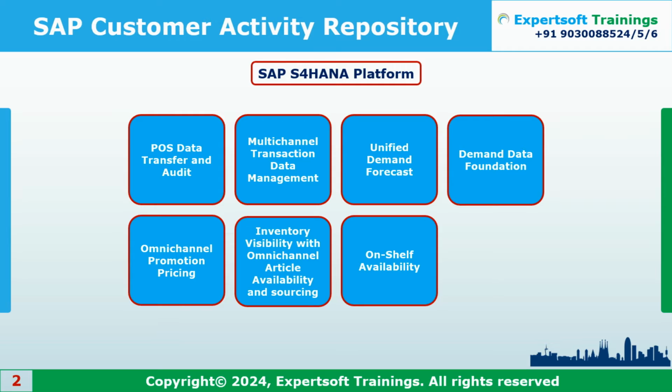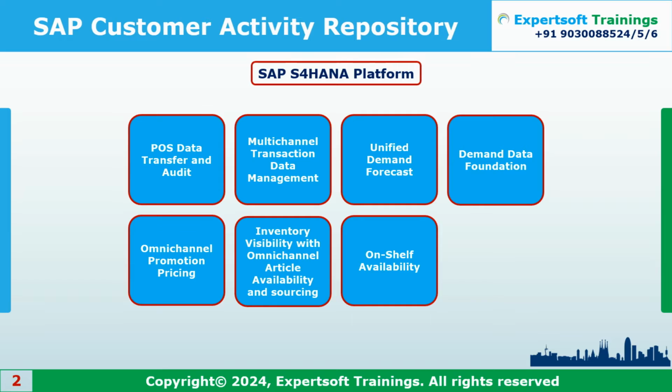Essentially, these functionalities came to fulfill those kinds of requirements: if I'm selling in multiple channels, how do I ensure that my customer is not disappointed, and run sourcing at the back to give an optimum delivery date and fulfill the customer order. So those last two boxes, on-shelf availability and omnichannel article availability, are capabilities within CAR.